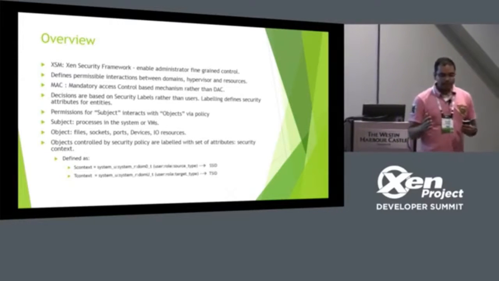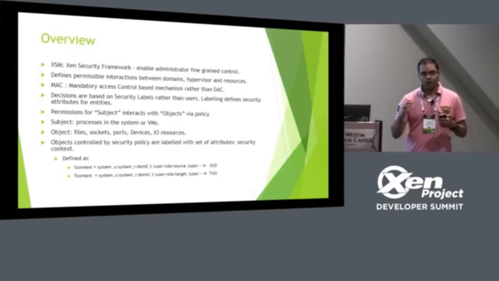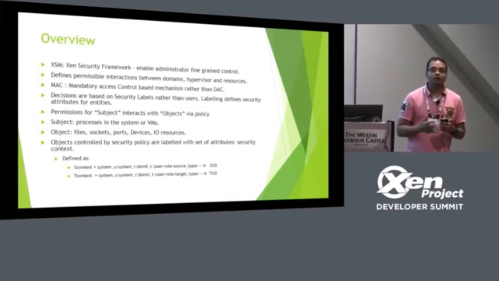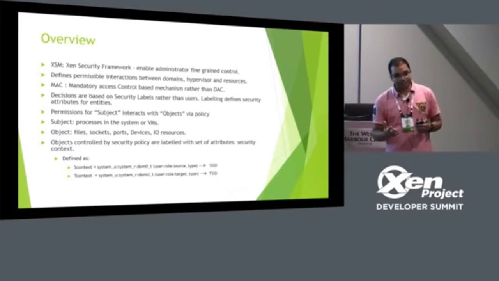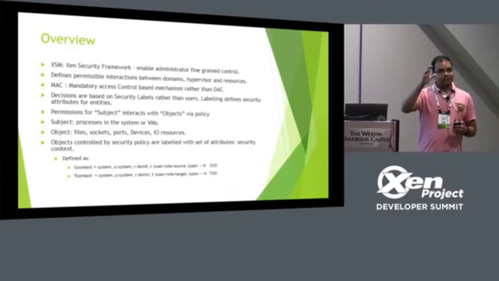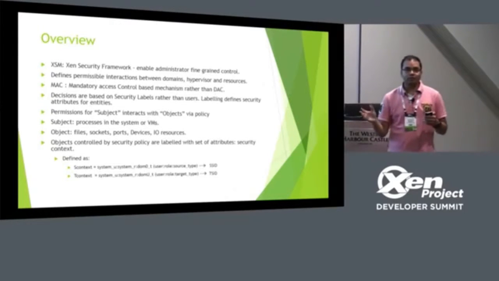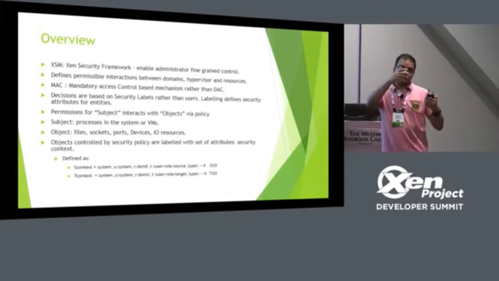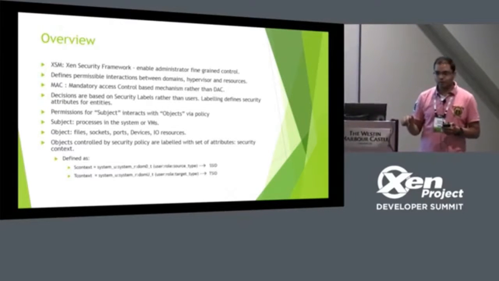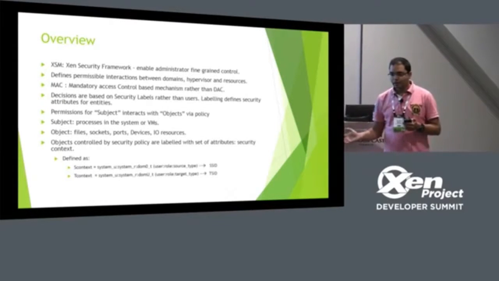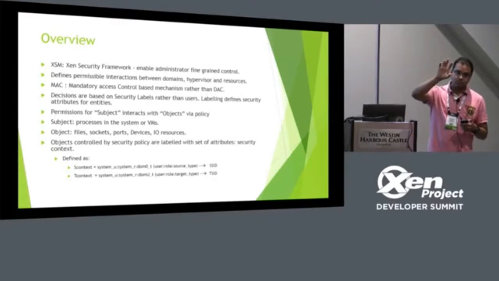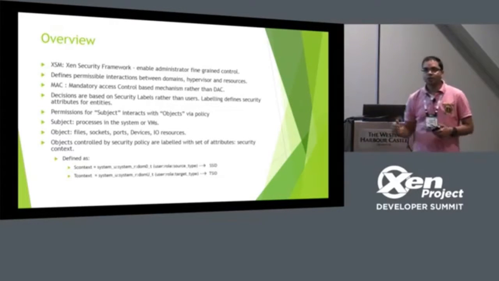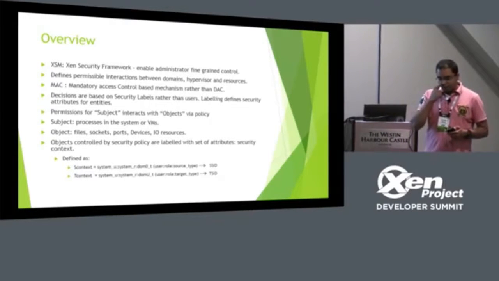While we define a policy, while we define a rule in XSM, we associate a security context with a subject and an object. So if a rule has to be defined to grant a subject permission on an object, we take into consideration the security context of the subject and the security context of the target. Now, what is this security context?